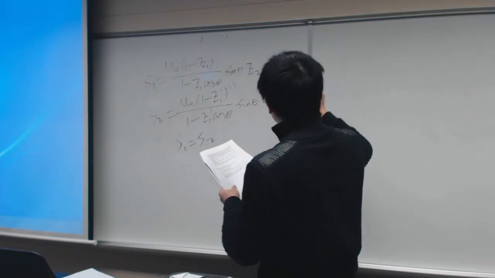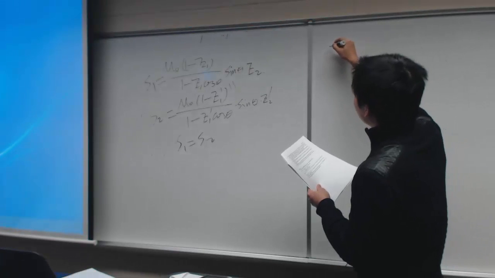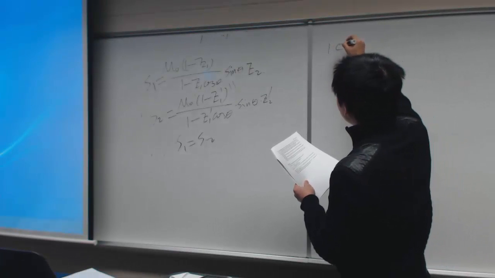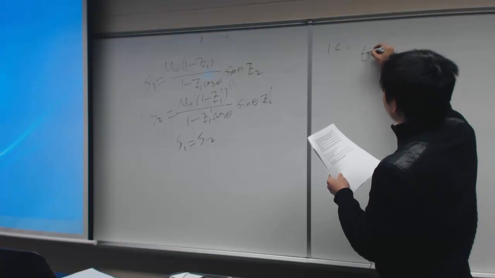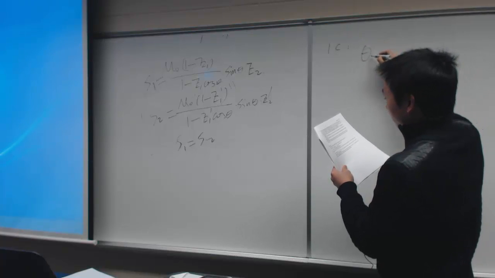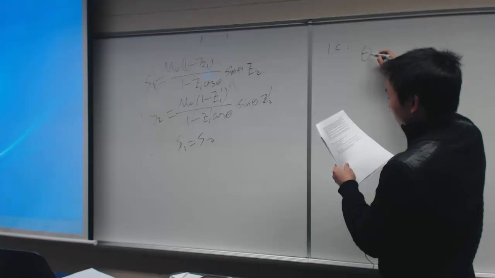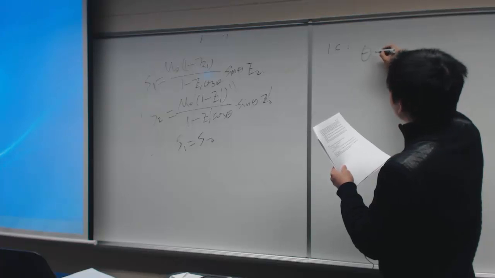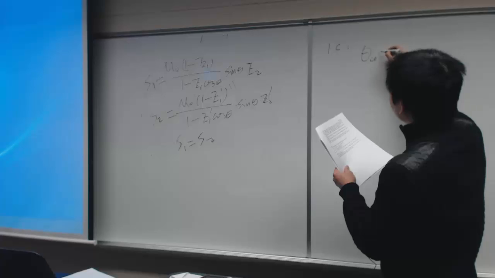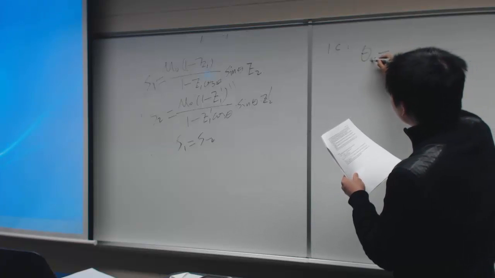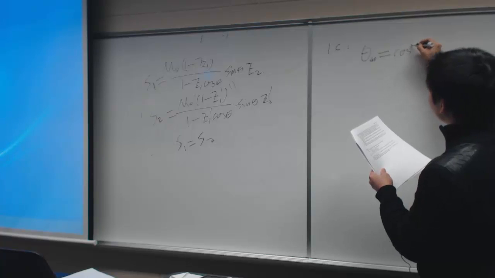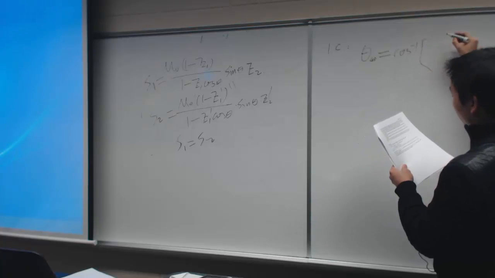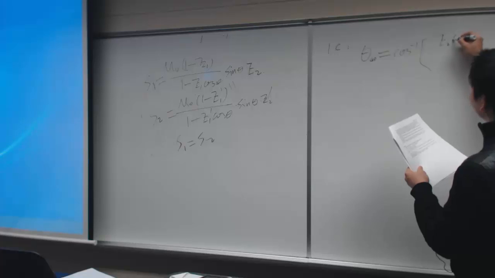So it's a little bit difficult. So the question of 1C, the answer of the 1C is C equals 0, is cosine 2.